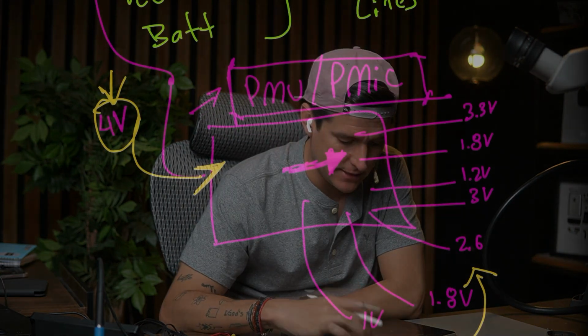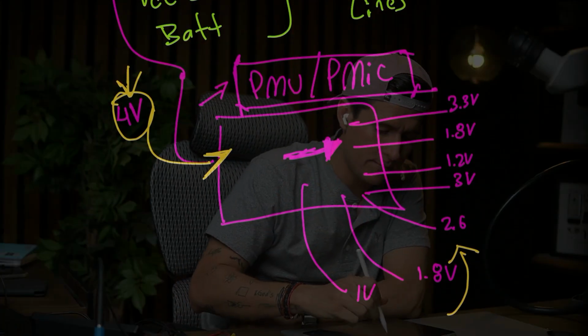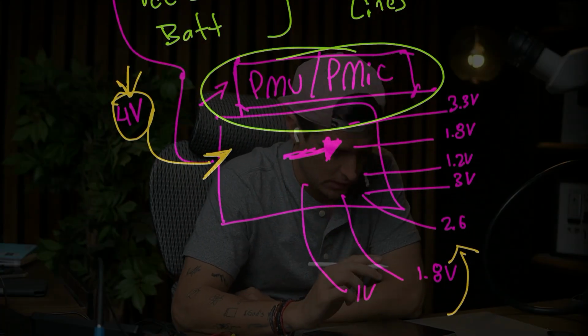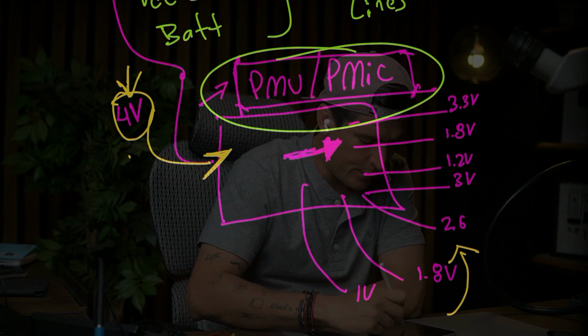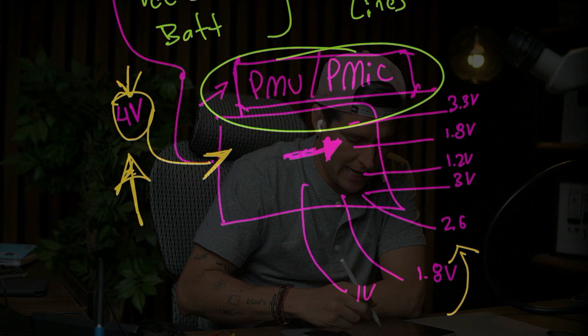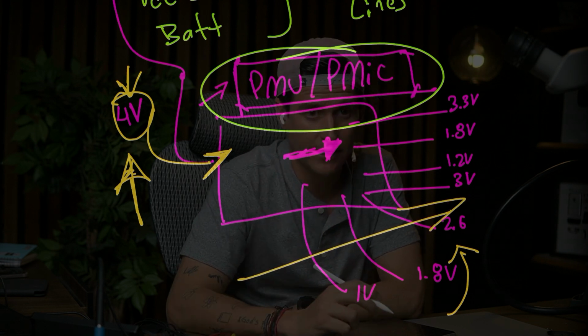That's it, okay? So these are the two exits of two different lines, the ones the PMU is going to provide, okay? And remember, we need the principal lines to have our bucks and LDOs.